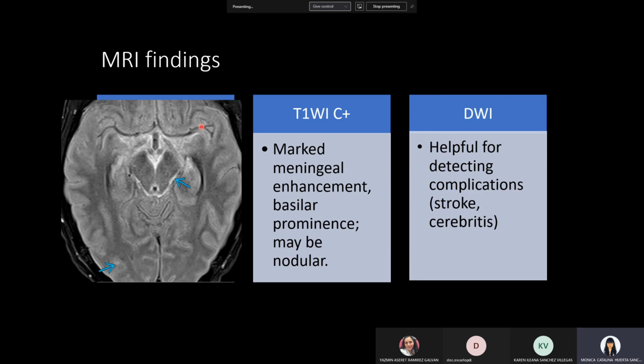Here we have an example, an axial FLAIR MRI of a patient with meningitis showing extensive hyperintensity with the sulci located here and the basal cisterns.